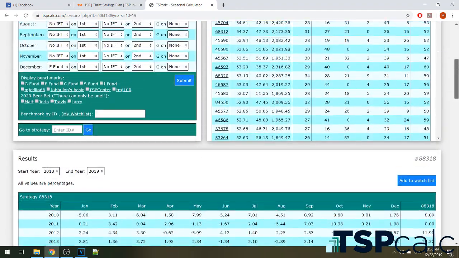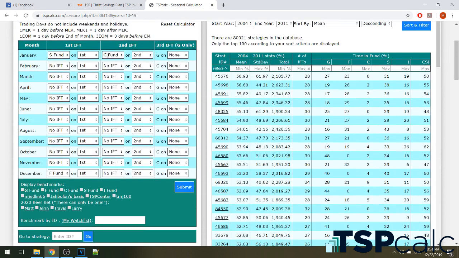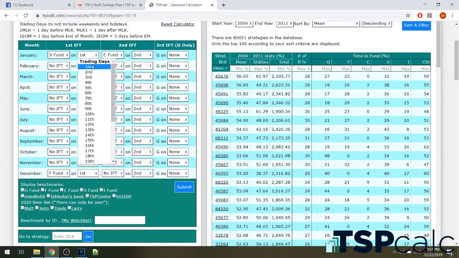So, scrolling back up to the top, I just want to briefly touch on something else. Of course, you can choose different trading days of the month, but there are other options as well, and it has to do with holidays. So, MLK, Martin Luther King Jr. Day, is a holiday, right?